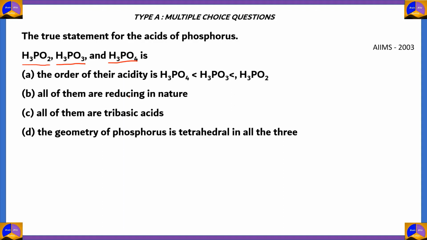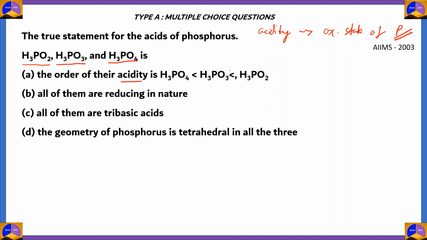Now, option A states that the order of their acidity is H3PO4 less than H3PO3 less than H3PO2. Now note that acidity depends on the oxidation state of phosphorus.